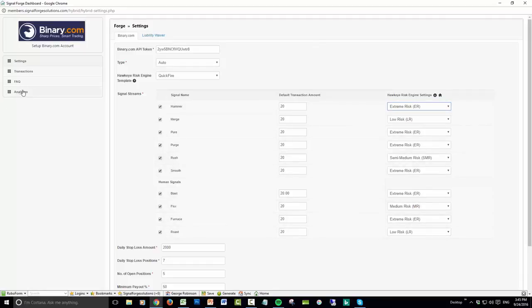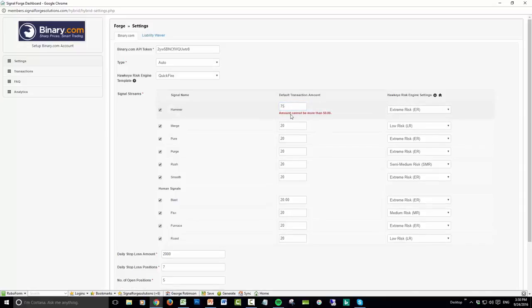Just have a look through the analytics in here and you'll see what the results have been based on these particular settings. Another thing in regards to your default transaction amount, you can set this anywhere between 5 and 100, or I believe it's now been reduced to 75, like we talked about in the first part of this video. But you see here it says if you're trying to go above 50, you cannot be more than 50.